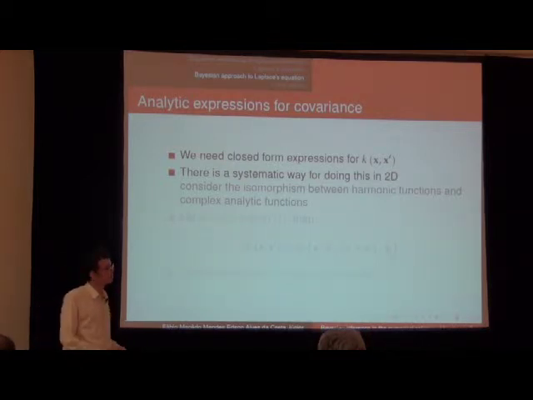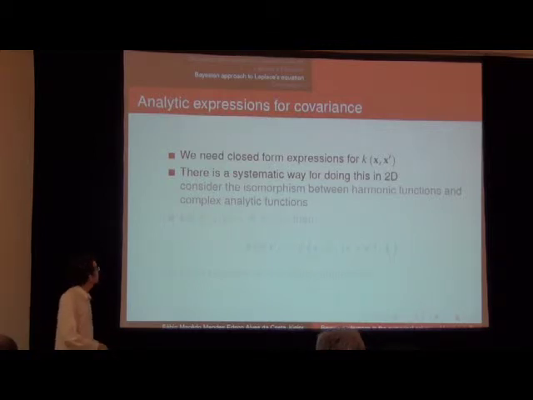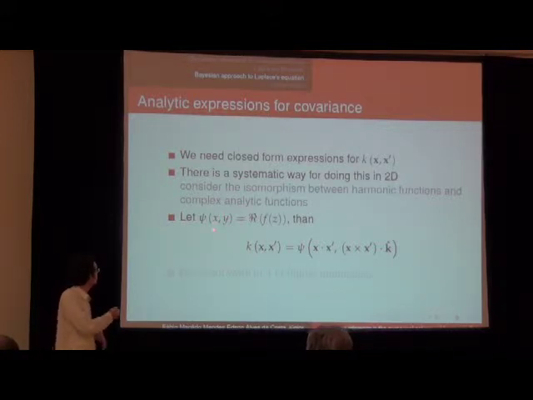That is, every harmonic function is either the real or the imaginary part of some complex analytic function. If you have some analytic function like this, with some small constraints here, you take the real part of this function.